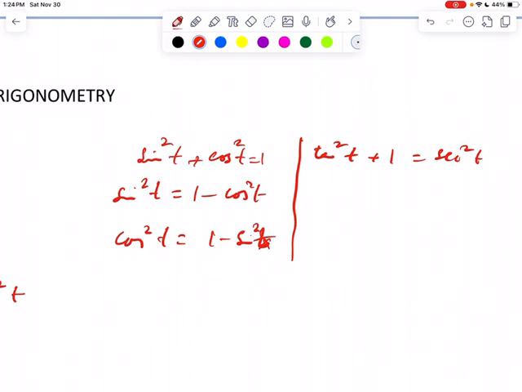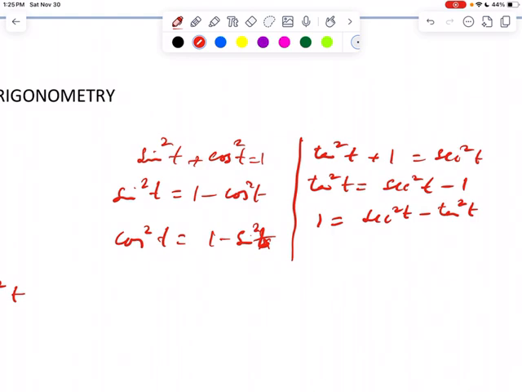Or from here, tangent square t will be equal to secant square t minus 1, or 1 is equal to secant square t minus tangent square t. So these are the other forms of the same identity.